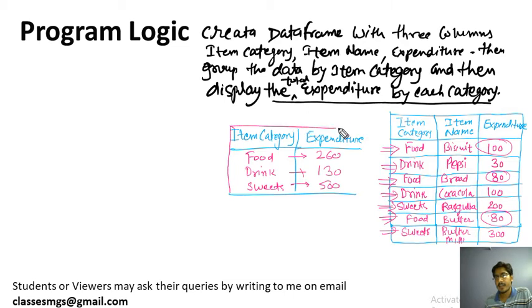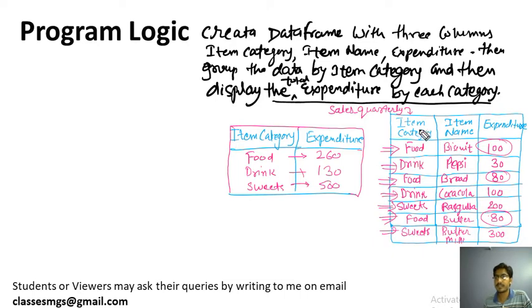Okay, he has given you this data frame that is named sales quarterly. Quarterly sales of a soap is given, and he wants to calculate how much total expenditure is done on each category.